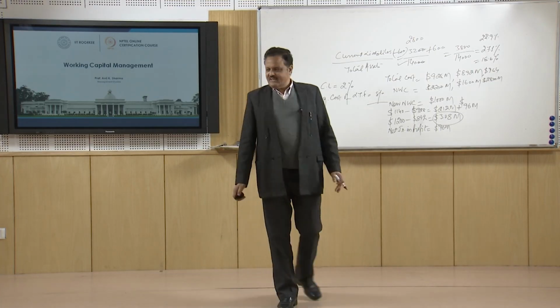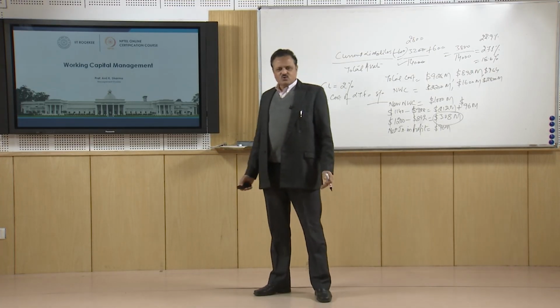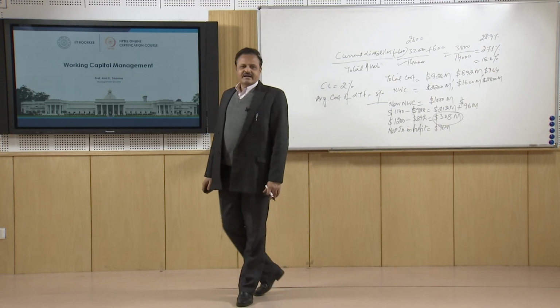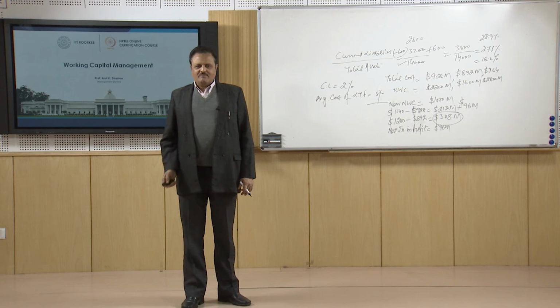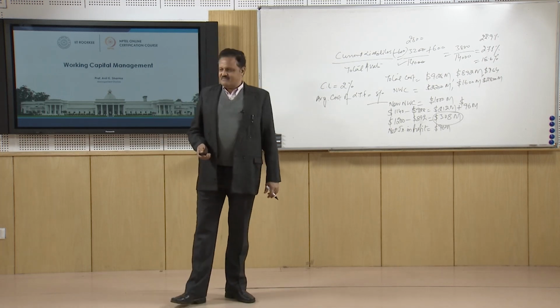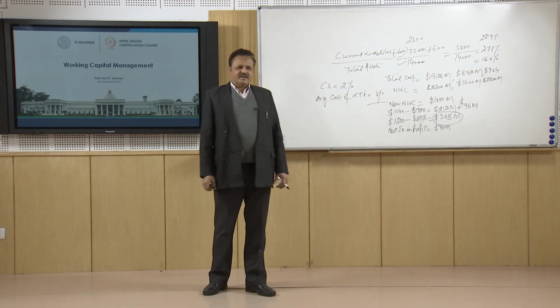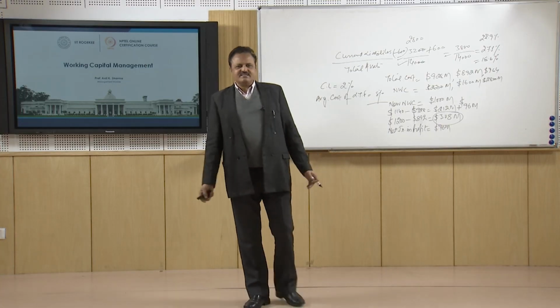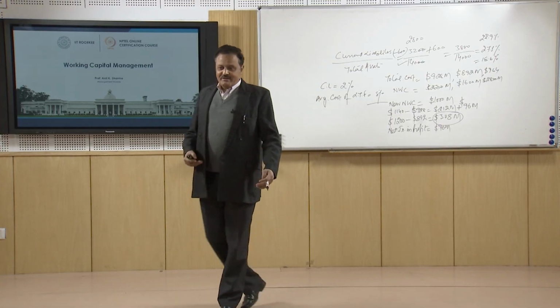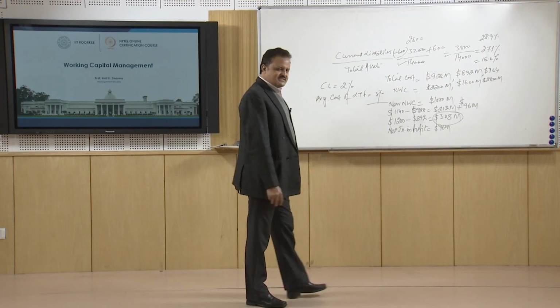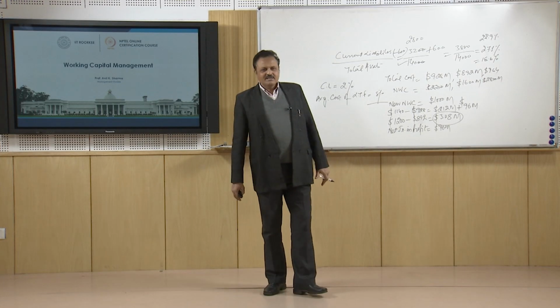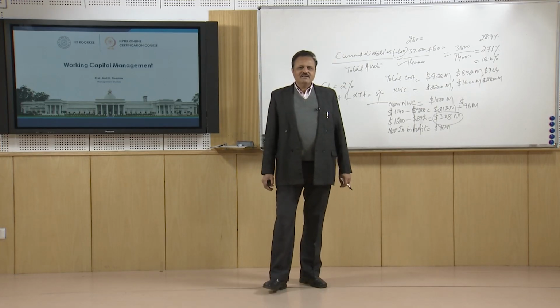We should have something in between, a trade off between the conservative as well as the aggressive approach. And once you go for the trade off, we will be able to balance the profitability, the cost, and the risk, because net working capital will be balanced.